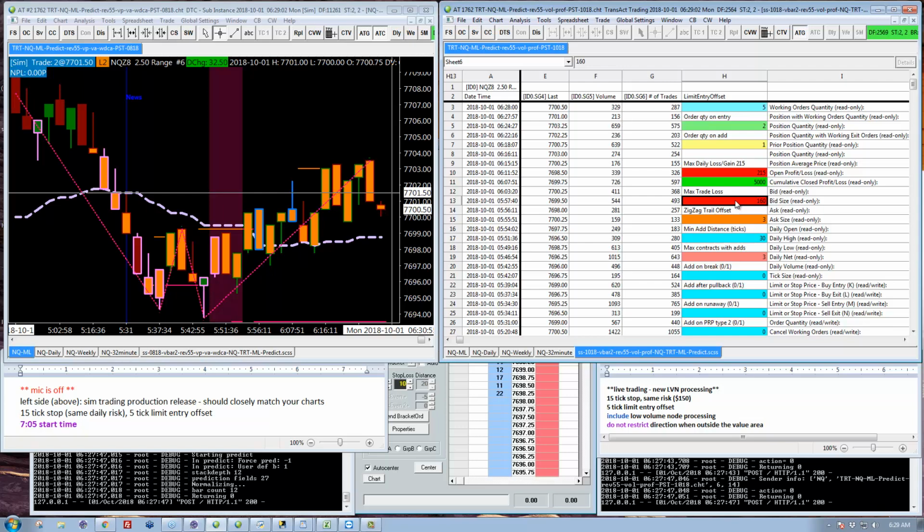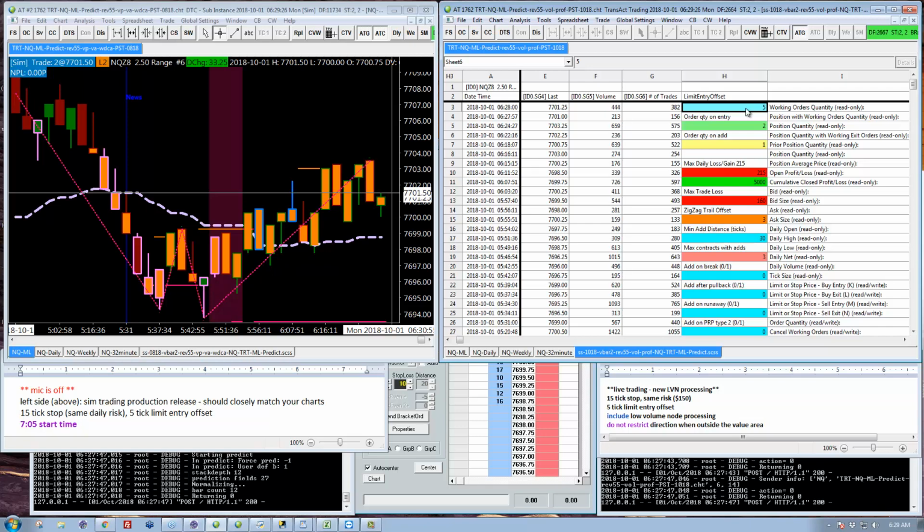I'm trading 2 contracts, so 15 ticks times 2 is $150. So what this piece of the system does is, if any trade loss is at 160 or more, it'll automatically flatten you.